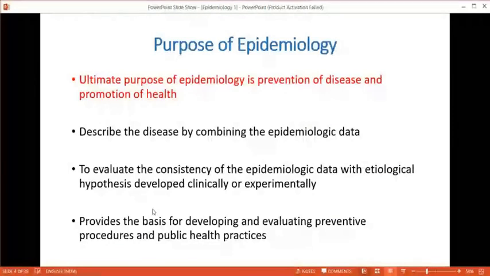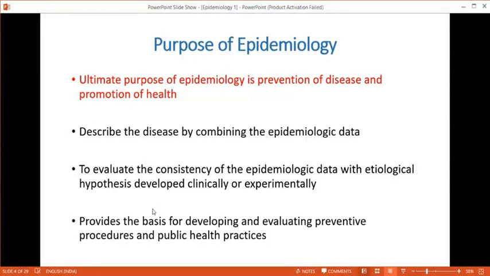The next point is it should be taken as the point where we can come up with preventive measures. We can find out which group is having the problem. Suppose you give an intervention, vitamin A supplements: if it is given in childhood, is it beneficial, or if you give it at a later age when they are old, will it be beneficial?